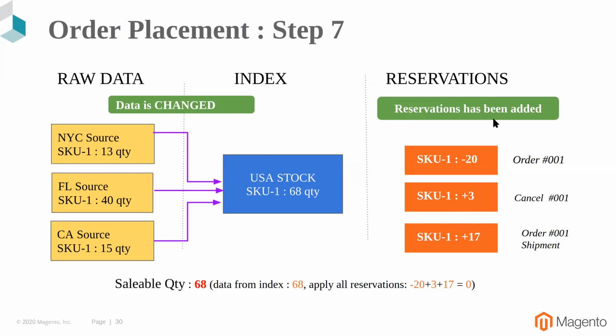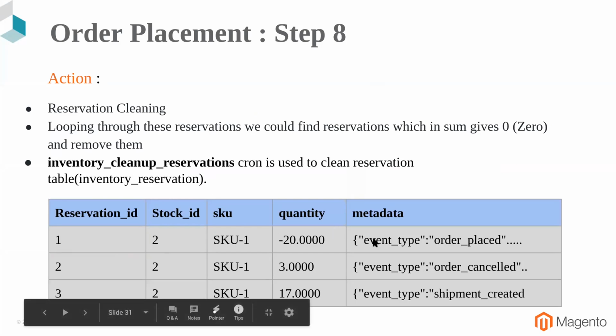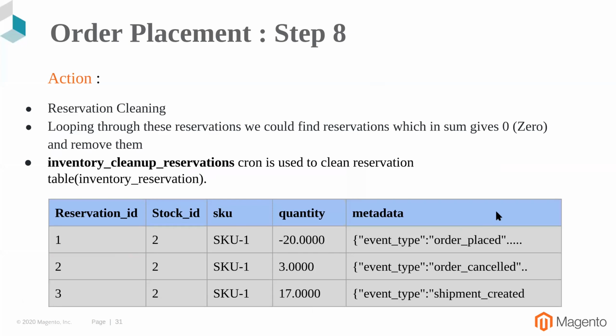Now, when does this reservation get cleared? Reservation cleaning happens through the inventory cleanup reservation cron, which runs around 12 o'clock midnight every day and removes all the entries from the reservation table for that particular stock ID and SKU by using a query.